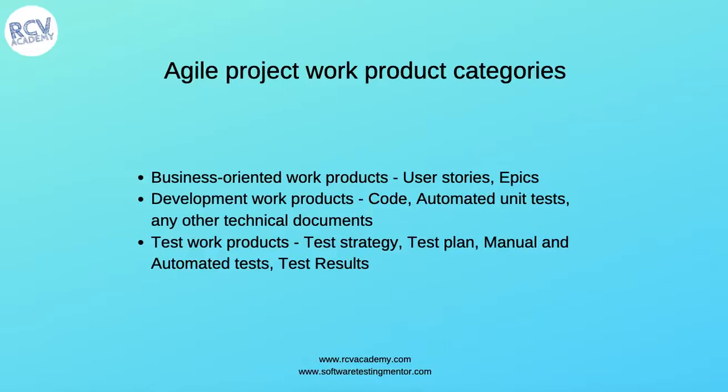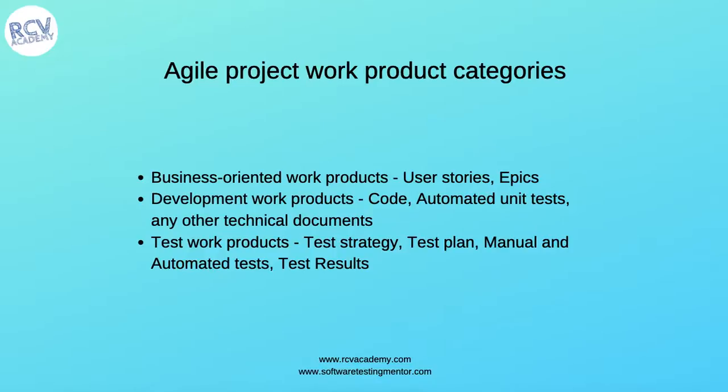Now the third category of work product is the test work product, wherein all the testing related documents like test strategy, test plan, manual and automated tests, test results, test summary reports, etc. all come in the test work product category. When the project starts, a high level strategy is defined for the whole duration of the Agile project.